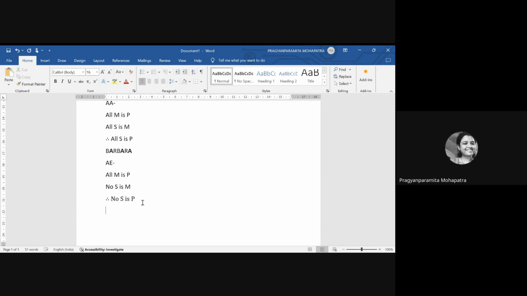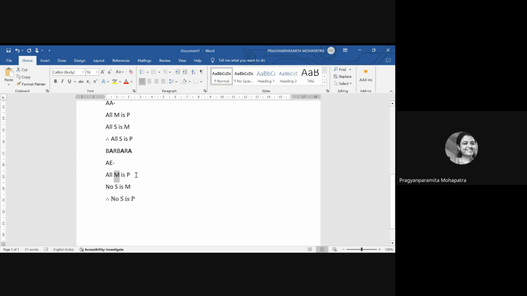In the conclusion we have an E proposition, so both subject and predicate terms are distributed. This predicate P is distributed in the conclusion but not in the premise, that is the A proposition, because in an A proposition only the subject term is distributed.